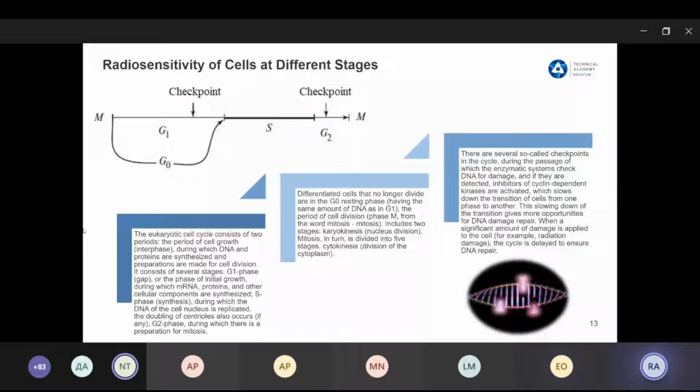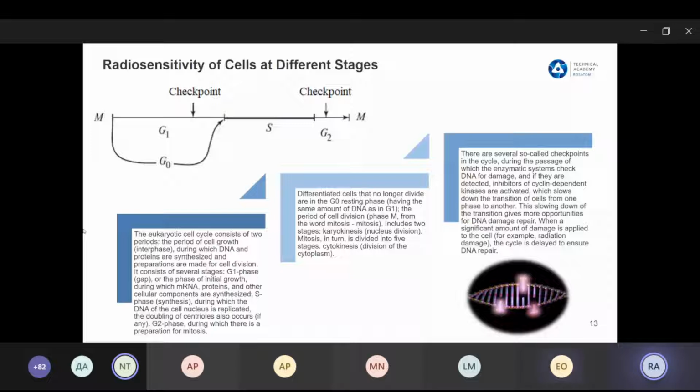Progression of the cell through the cycle is determined by the activation of successive protein kinases activated by the cell cycle proteins, cyclins. Protein kinases phosphorylate proteins and thereby change their conformation and enzymatic activity. There are several so-called checkpoints in the cycle.